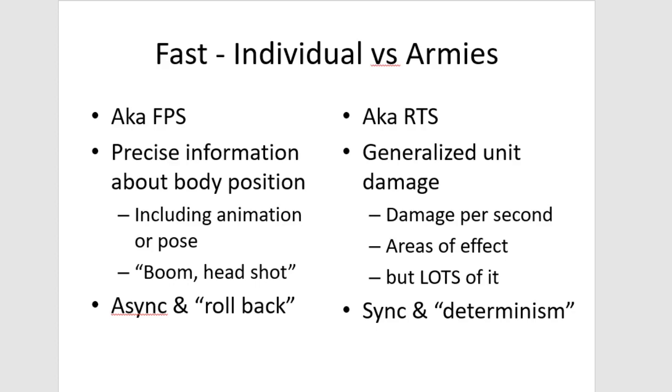But there is a lot of that, right? So there's a lot of things happening, a lot of commands coming through, and so the difference there is that we do a synchronized networking with determinism in the simulation based on that. And so let's break that down. Let's start with the RTS, and then we'll break down the FPS next.